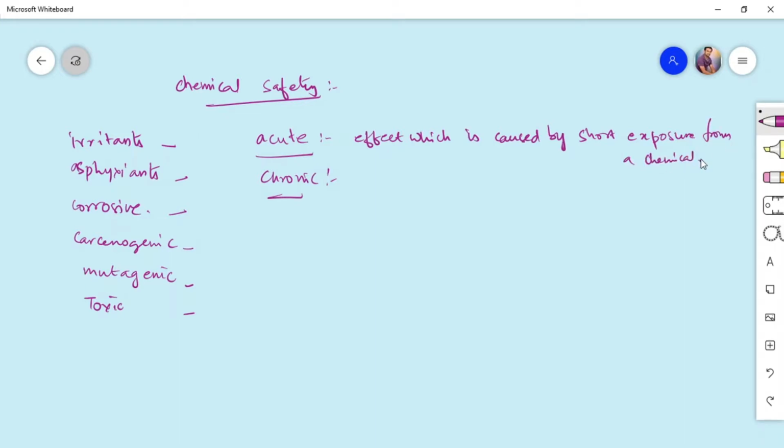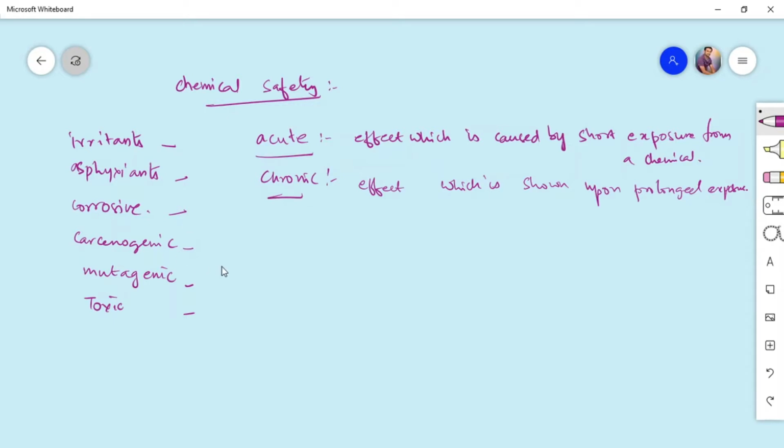Not a proper definition, but you can go through the proper definition. So any adverse effect caused by short exposure to a particular chemical. And chronic effect is the effect which is shown upon prolonged exposure. Prolonged exposure is the long term effect, short term effect is from short term exposure. I mean just one inhalation, or within 5 or 10 days of exposure, you will have acute effects. Acute effects and chronic effects.